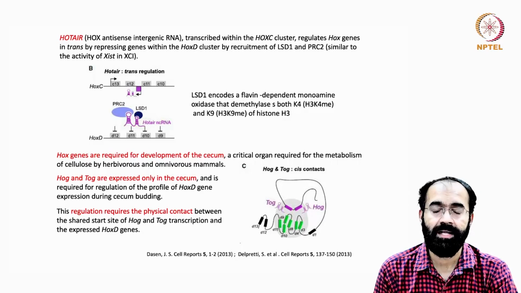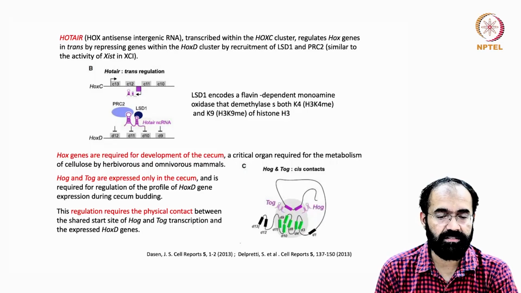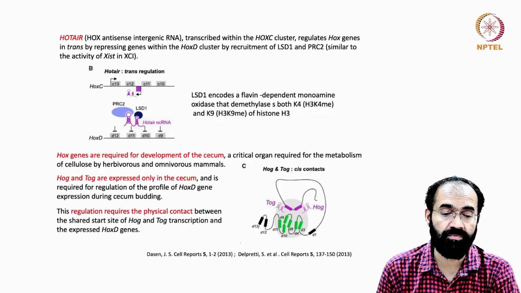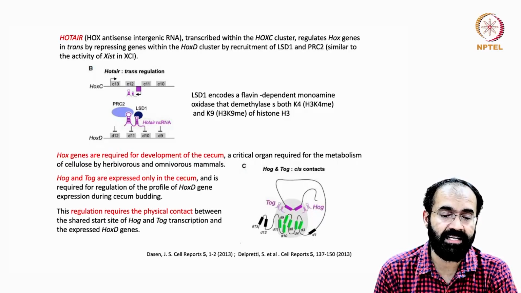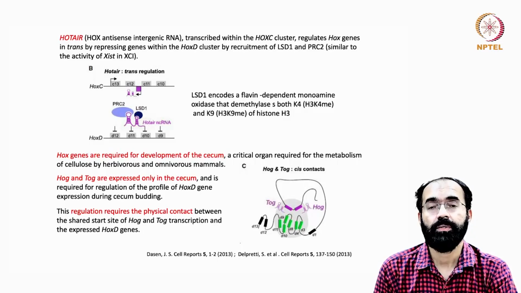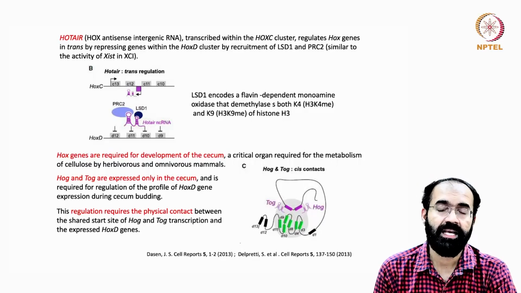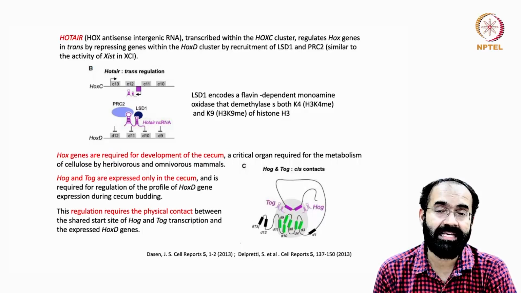Or in other words, negatively regulate doesn't mean that it is always turning it off. It makes sure that when it is transcribed in the HOXC cluster, it can repress HOXD. So when HOXC has to be expressed in that place, if HOXD is also expressed, that will give a leakiness.